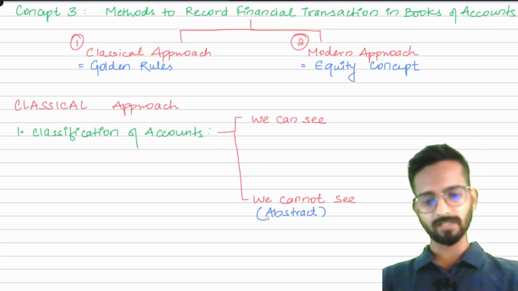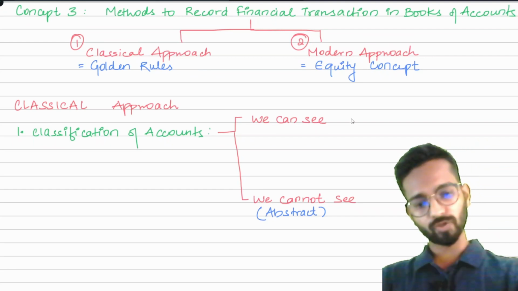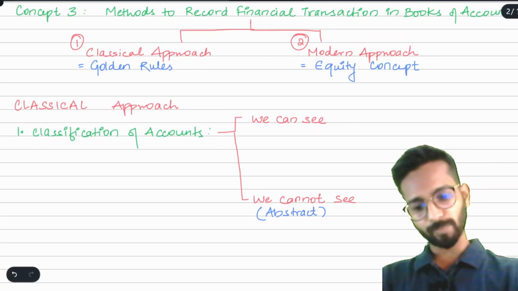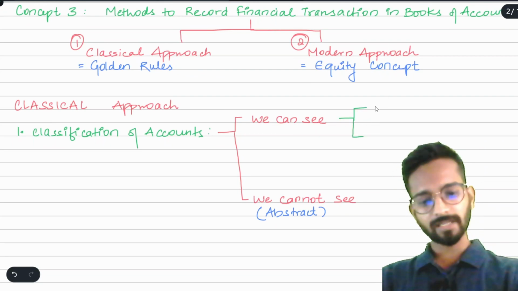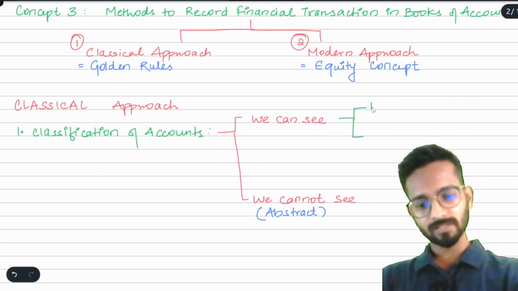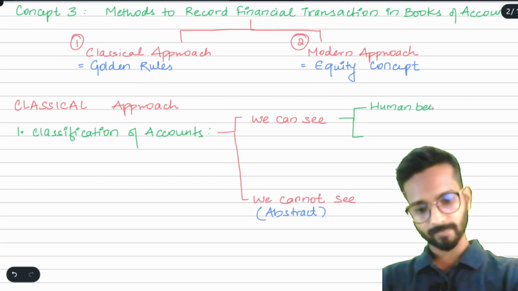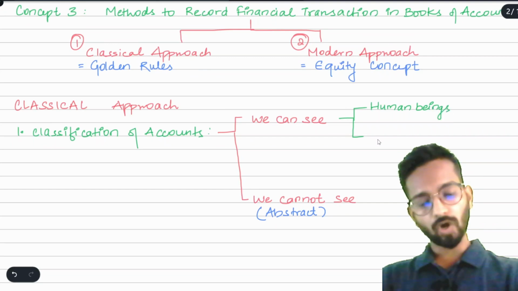Things which we can see again can be classified into two parts. What are the two parts? Understand this. Either it can be human beings or it can be non-living things.